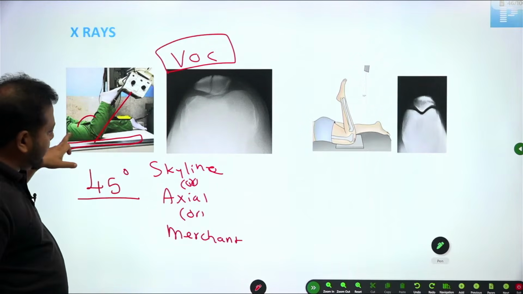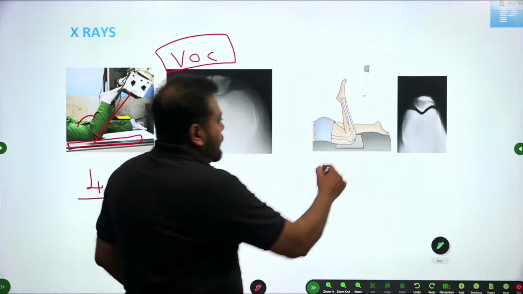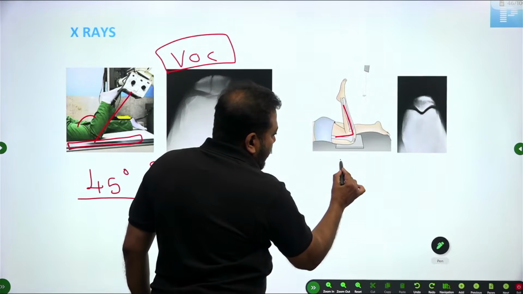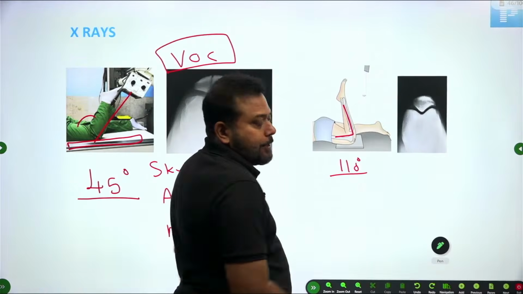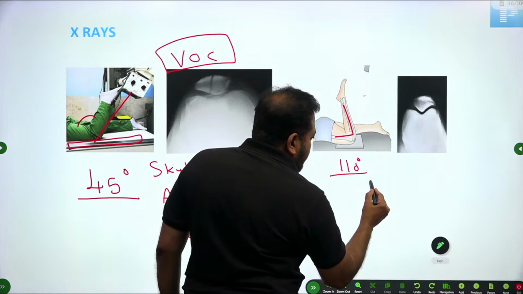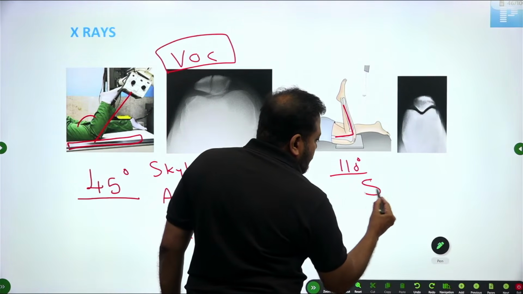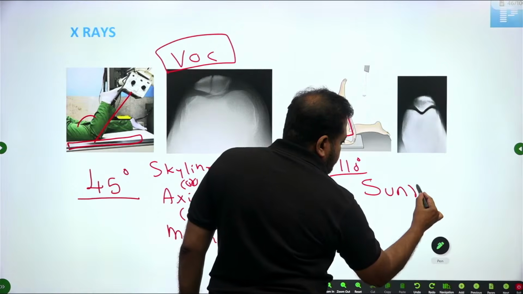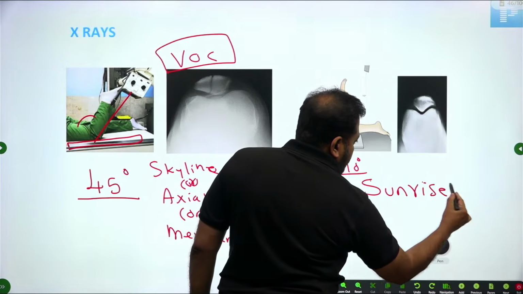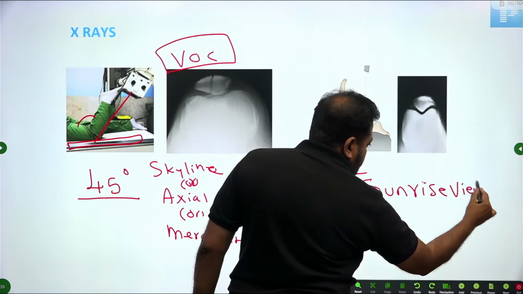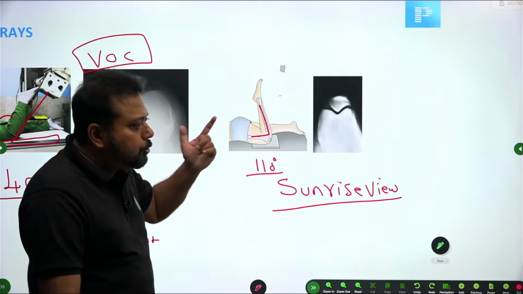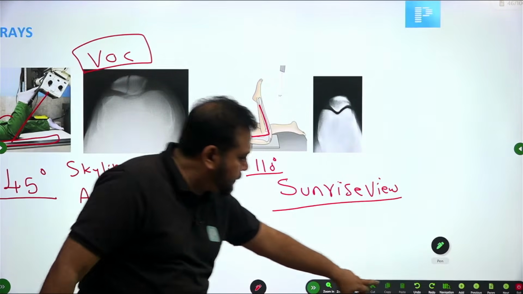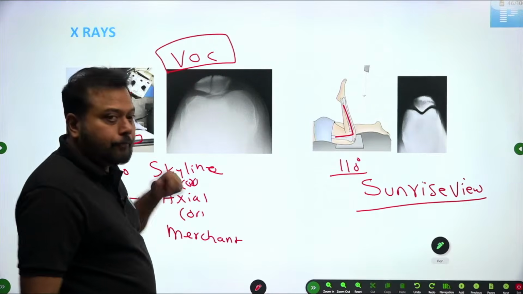Instead of 45 degree flexion, when you flex it to 110 degree, the image will appear like this. This is called sunrise view. This is also a good view, but I have used the term, the view of choice.